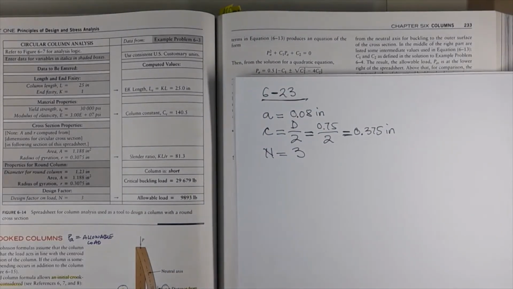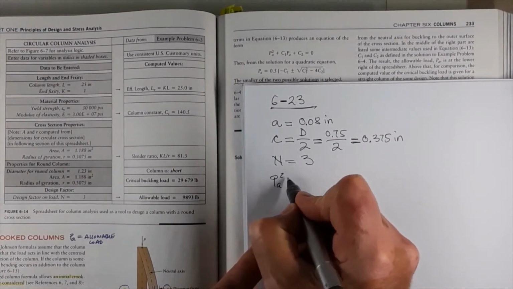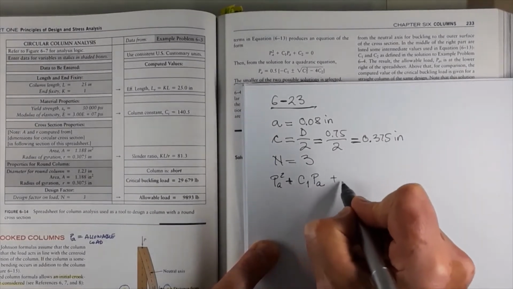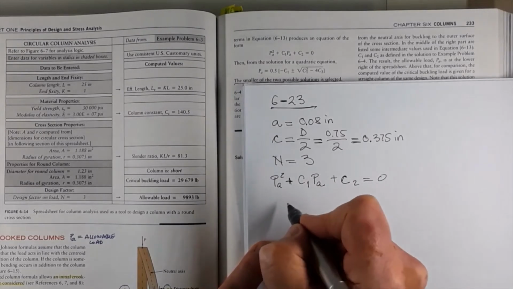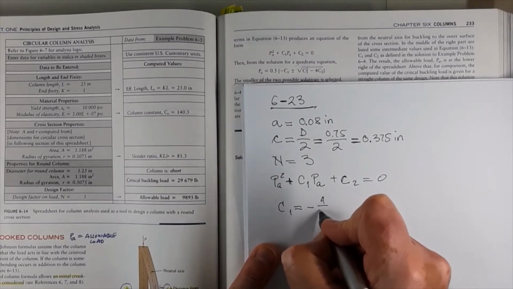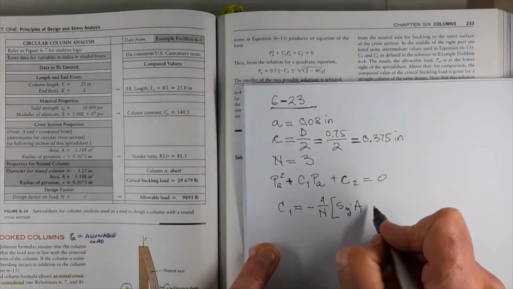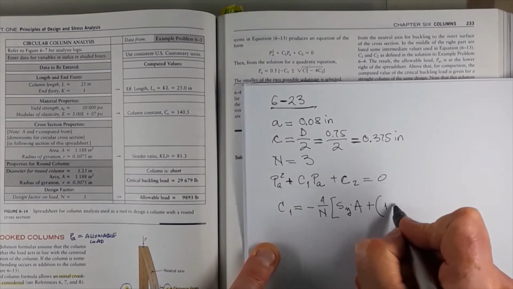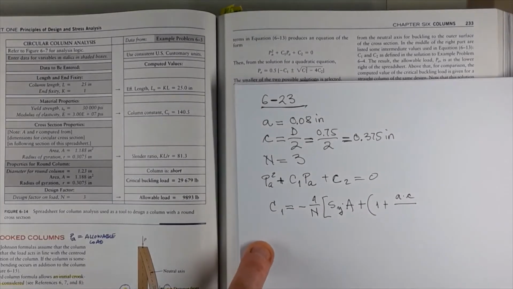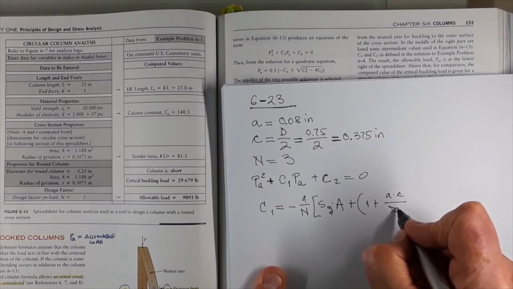Okay, so the quadratic is of the form PA squared plus C1 PA, admissible load, plus C2 equals 0. C1 is going to be negative 1 over N times yield strength times area plus 1 plus crookedness times distance from the neutral axis to the outside of the bend over R squared, where R is the radius of gyration.